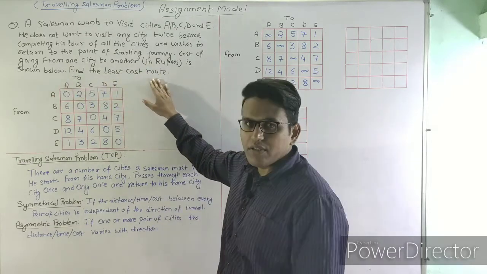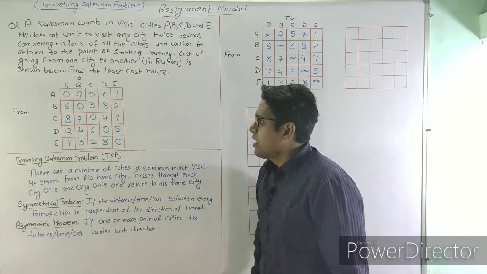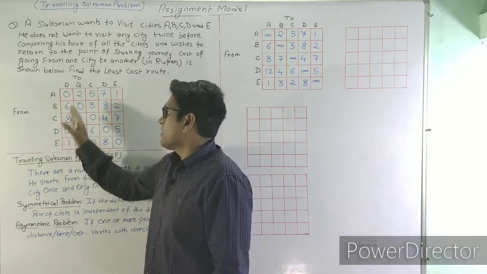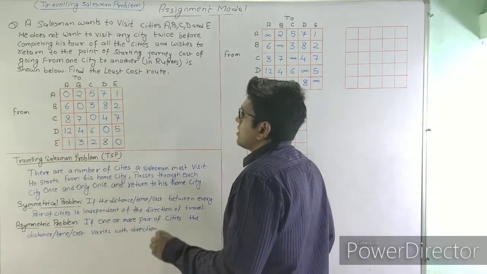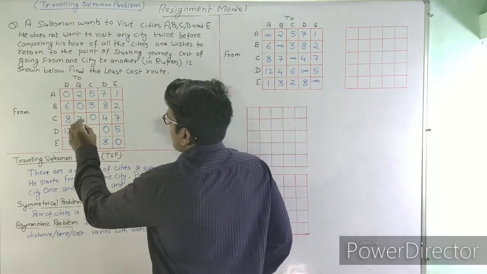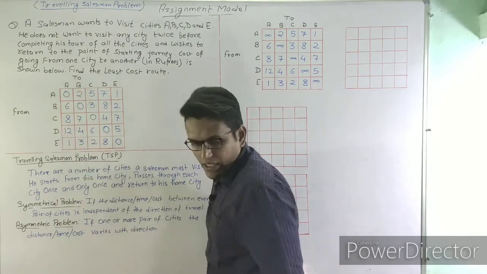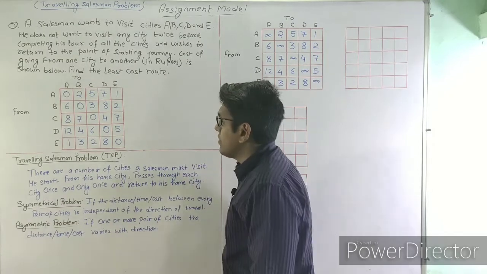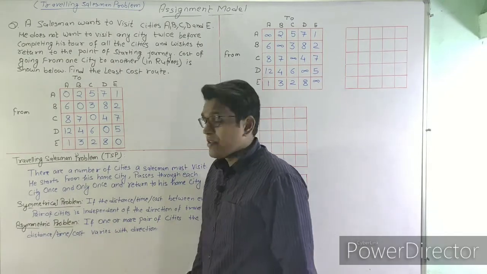Find the least cost route. So in this problem there are 5 cities, the cost of traveling from one city to another is given, and we need to calculate the least cost route.